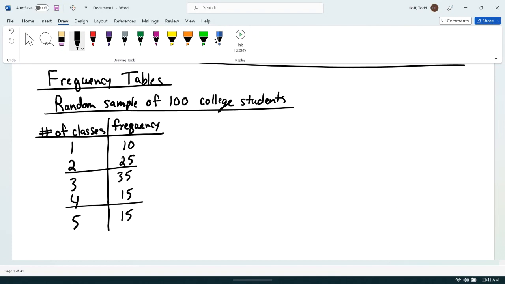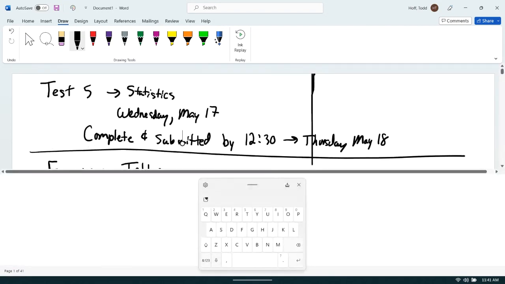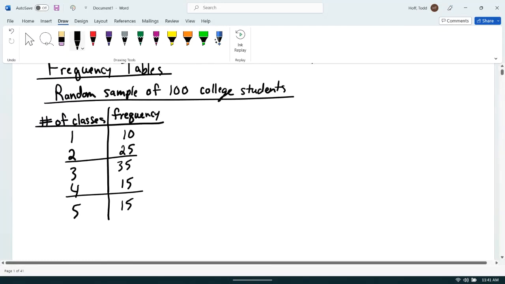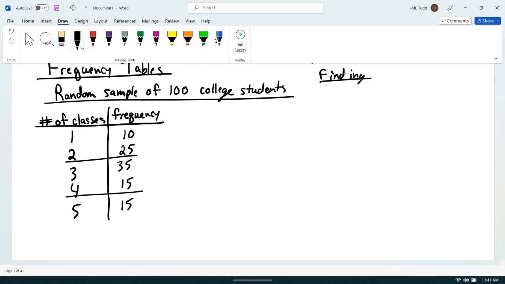What we're looking at today is finding those measures of center and spread: mean, median, mode, standard deviation. So let's look at finding the mode, first of all. That's the easy one. The mode is the number that occurred the most often.